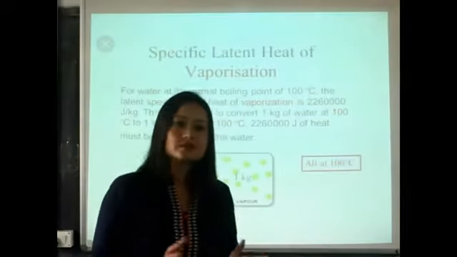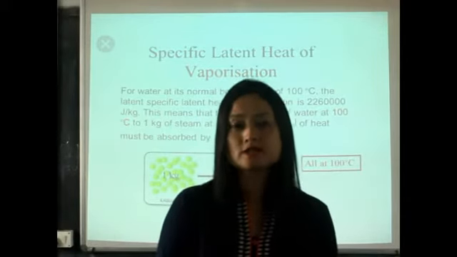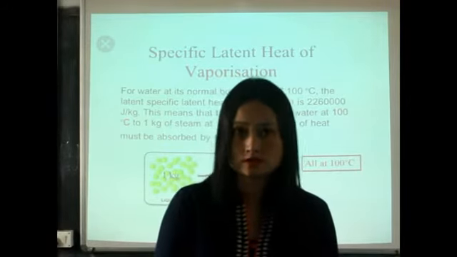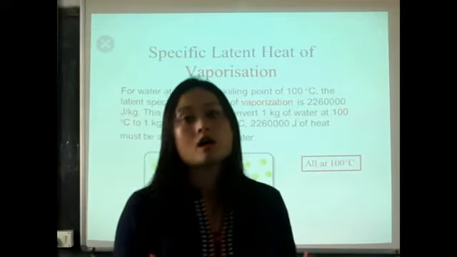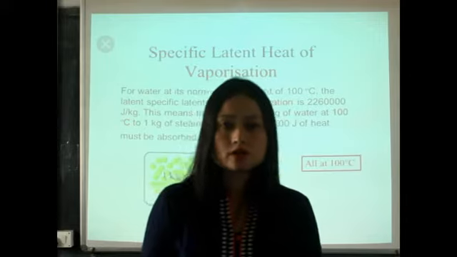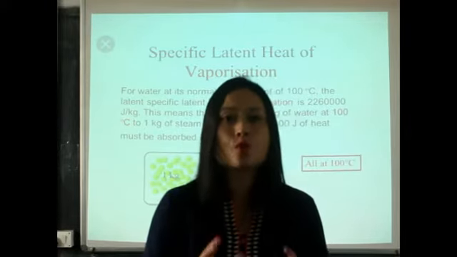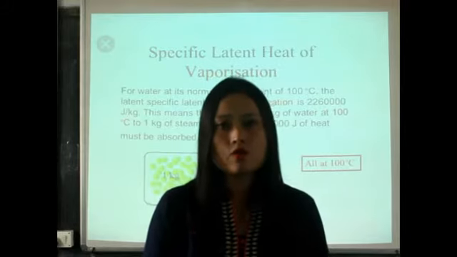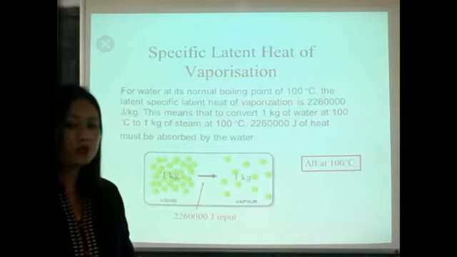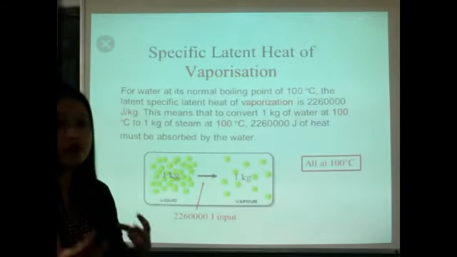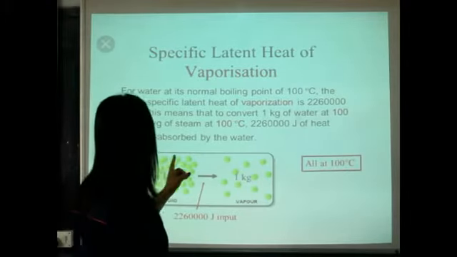Now, just like specific latent heat of fusion of ice, we have specific latent heat of vaporization of water. How much heat do we require to convert 1 kg of water into vapor at 100 degrees Celsius?